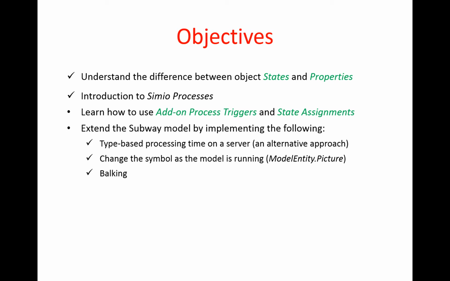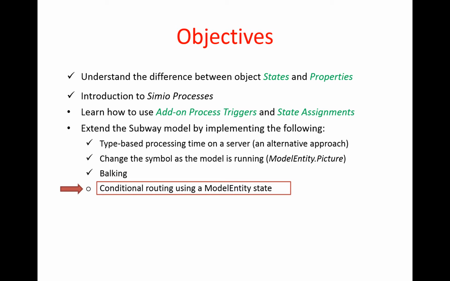We also implemented the bulking logic for our customers using add-on processes. In this video, we're going to learn how we can do conditional routing using a model entity state.